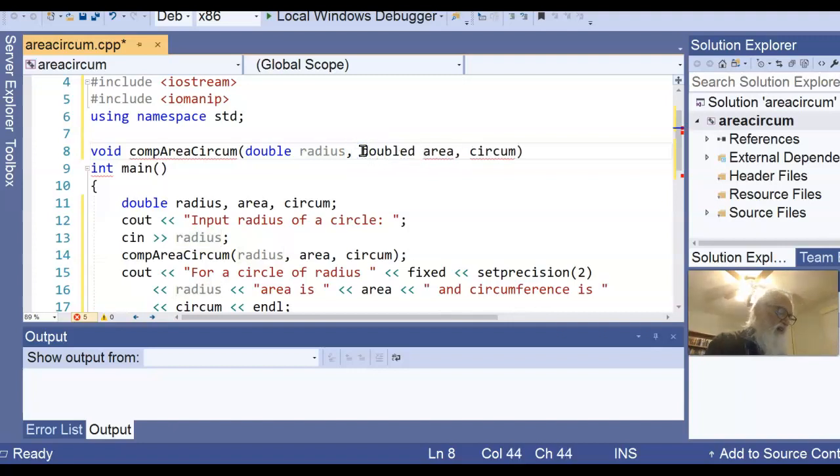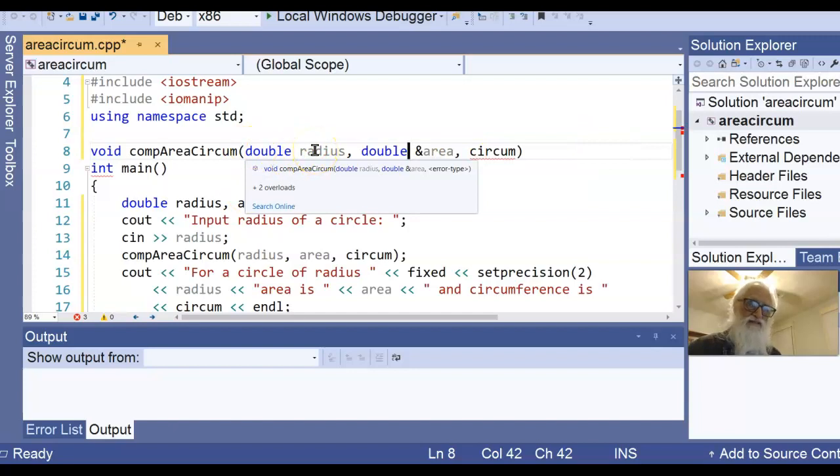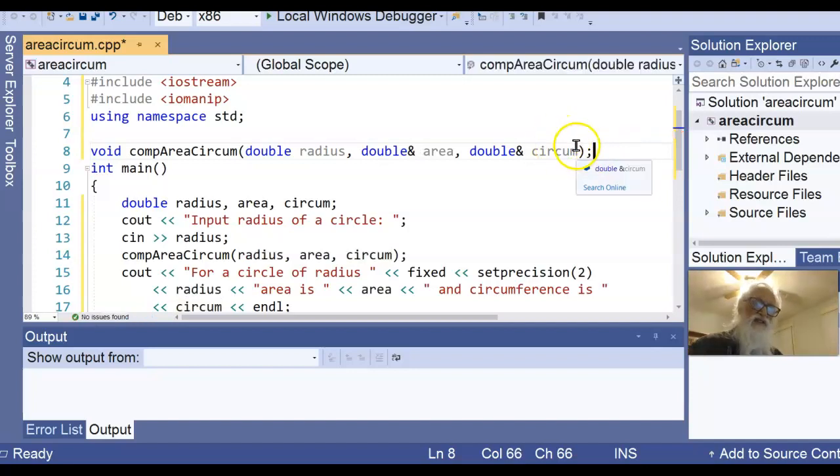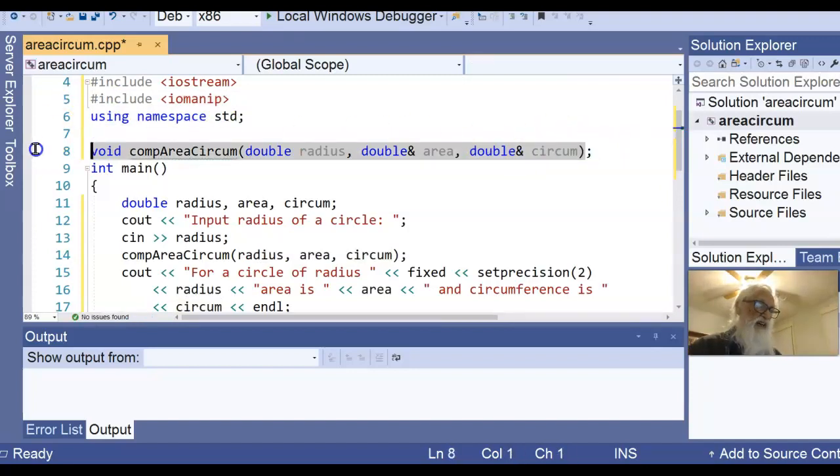This is a double, but it will be modified after I return. Some people call that an output variable. Some people would say radius is an in variable and area is an out variable as far as this function is concerned. As far as I know, that terminology is not standard for the C language or C++, but I have seen it applied in some places.